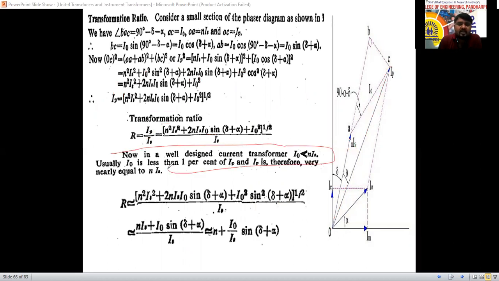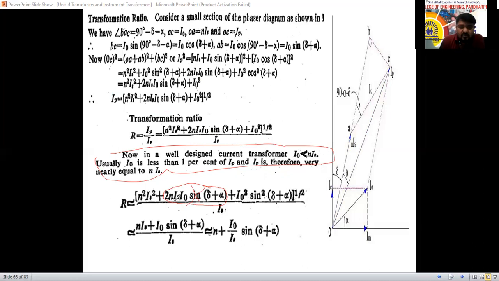On that condition, rearranging the equation, we can write the transformation ratio R equals square root of n square I_s square, 2 n I_s I naught sine delta plus alpha, which we can make negligibly small, so we can remove that part, plus I naught square sine square delta plus alpha, whole to the power of 1 by 2, which is nothing but the square root.